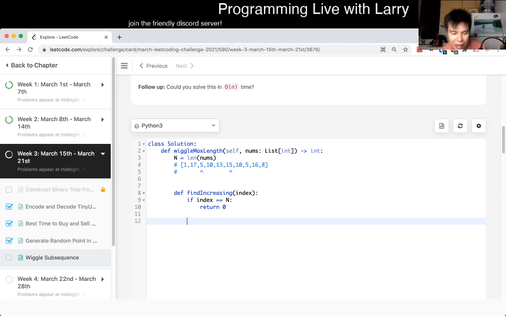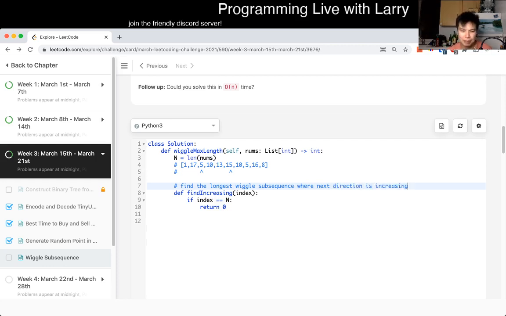So I basically have to find the longest increasing, the longest wiggle subsequence where the next direction is increasing, right?